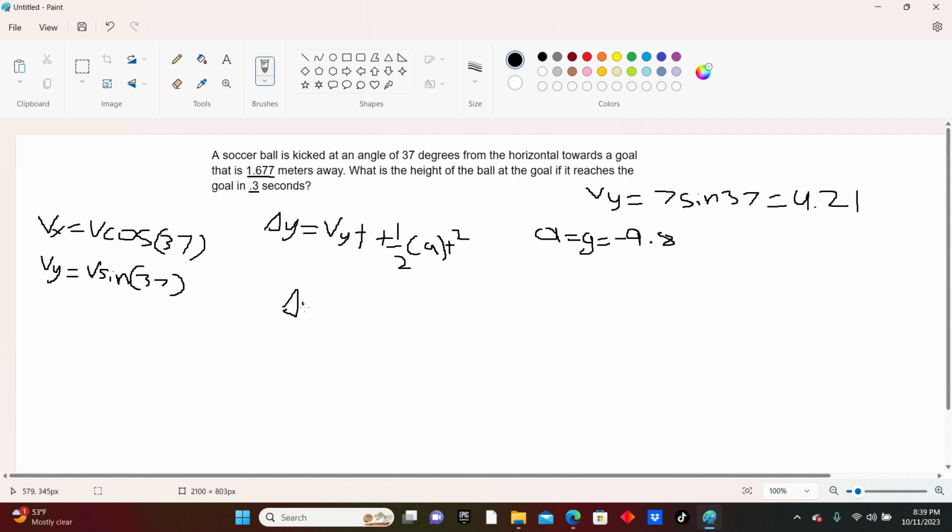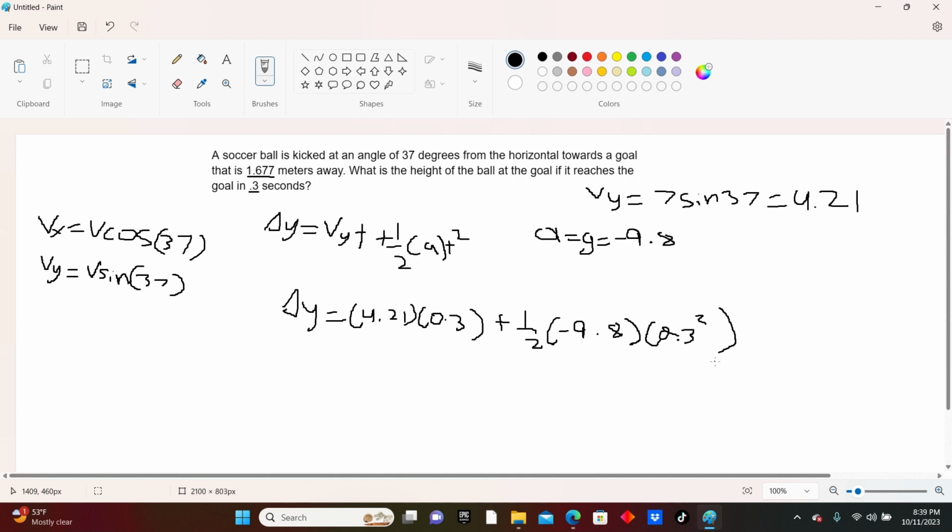So now delta y equals 4.21 times 0.3 plus 1/2 times negative 9.8 times 0.3 squared.